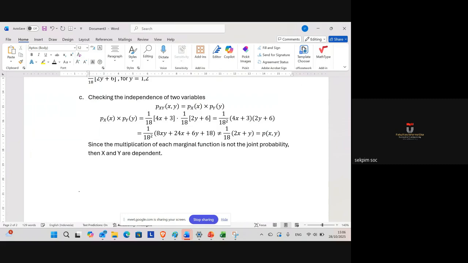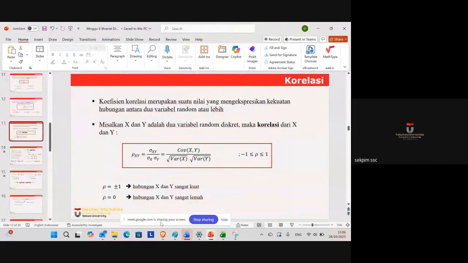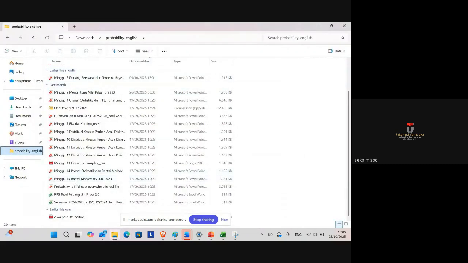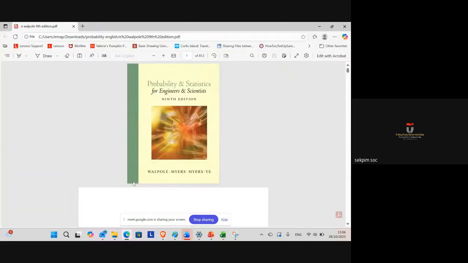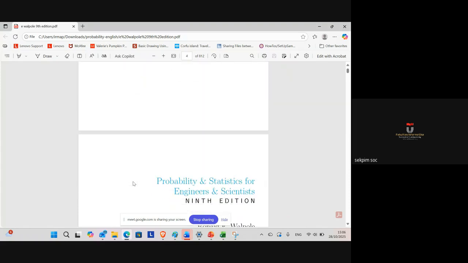One more example. Let me go to the book, and I recommend that you also study from this textbook.